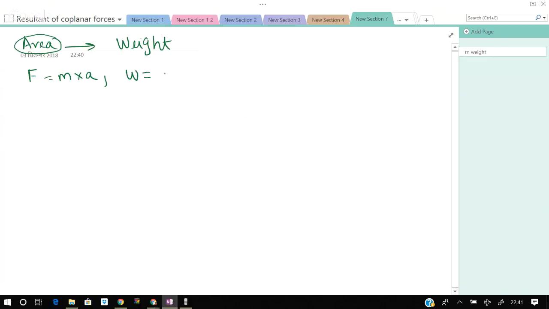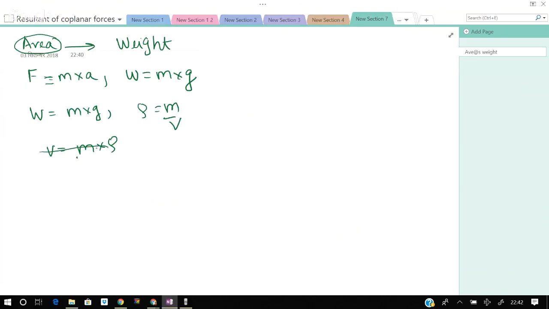So weight will be equal to mass into acceleration due to gravity. So this is the basic definition of force, and this is the basic definition of weight. So weight can be written as m into g, and we know that density is equal to mass upon volume.